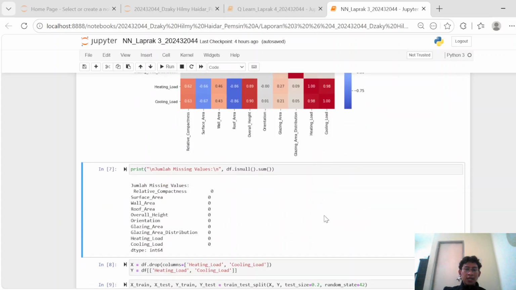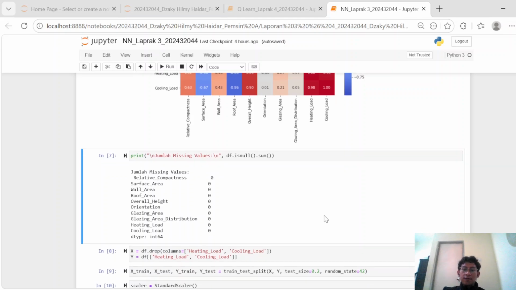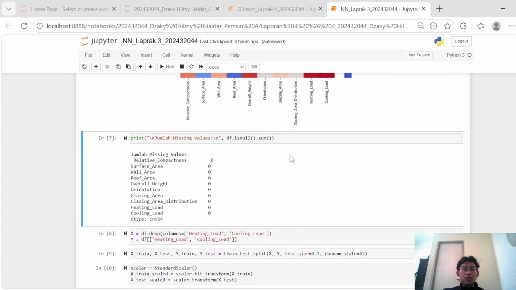And then we move on to the data processing. In here, first, I programmatically check for any missing or null values using the isnull().sum() function. The dataset was completely clean, so no data imputation or row dropping was necessary.